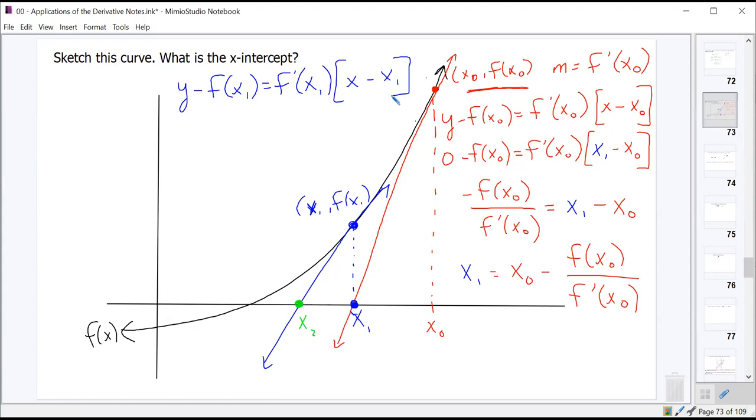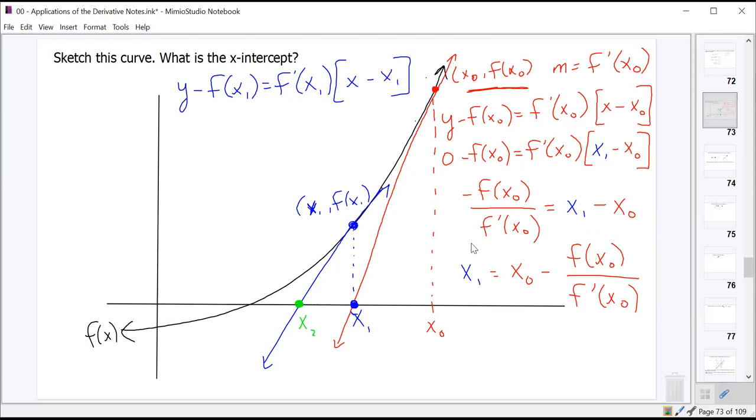And well, just like we did, we could then say that x2 has the coordinates x2 comma 0. We could replace the y value with 0 and the x value with x2 and go ahead and solve. And I think it's probably pretty plain to see that if we did that, we'd end up with the exact same thing that we got over here, except instead of x1, it'd be x2, and all of the x naughts would be replaced with x1.